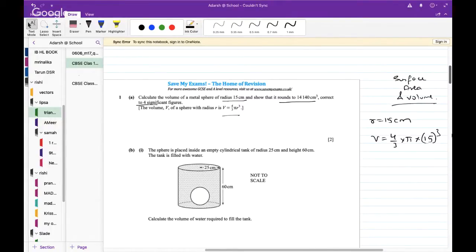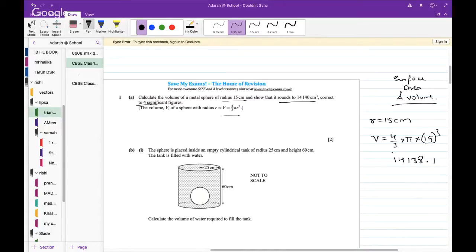So if I use that in the calculator, 4 divided by 3 into pi r cubed, the answer which you get is 14138.1.